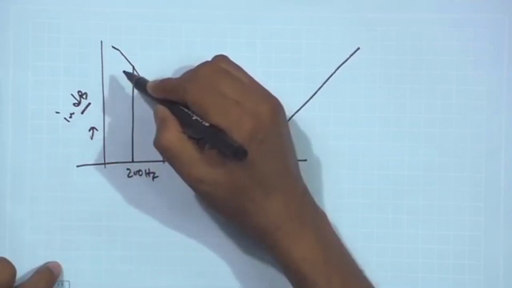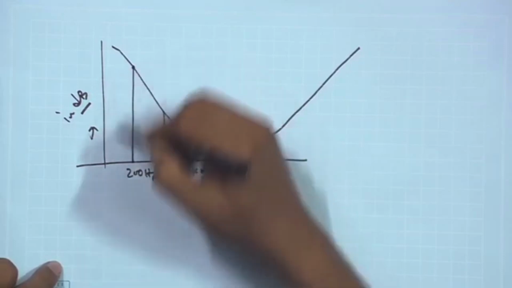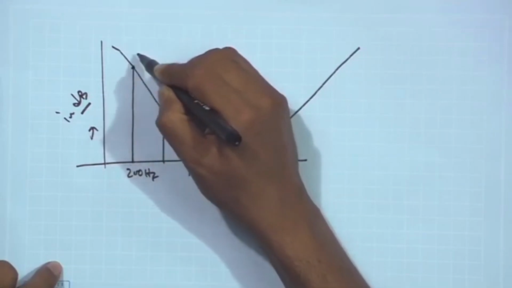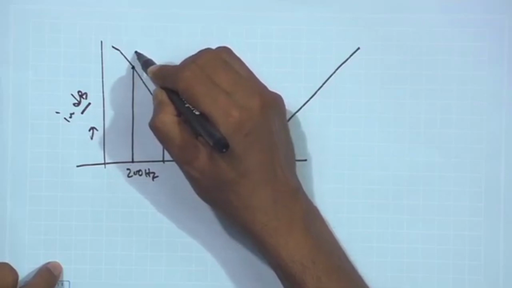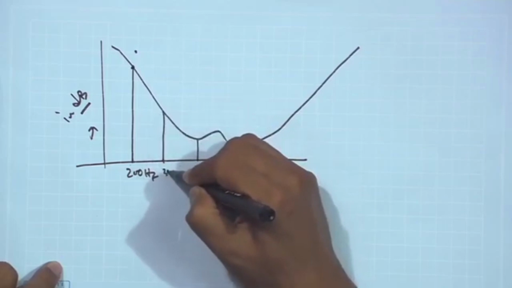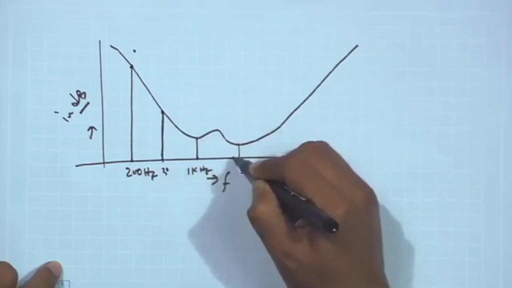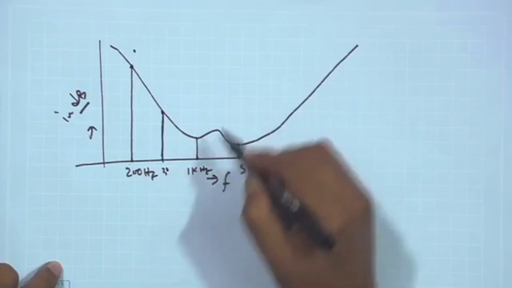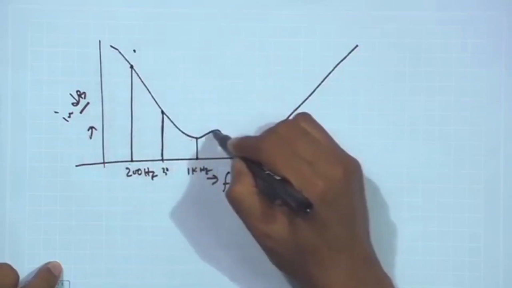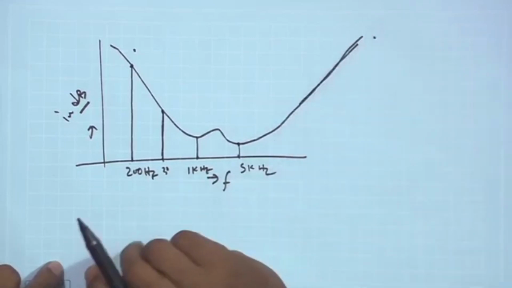Now, the intensity required to create a sensation for a 200 hertz signal will require high amplitude. For a 300 hertz signal it requires high amplitude, for 1 kilohertz this amplitude, for 5 kilohertz this amplitude. So, this is called the threshold of hearing curve for different frequencies.